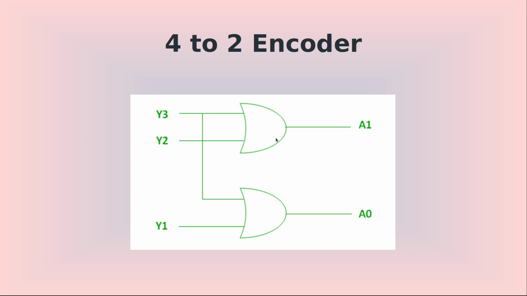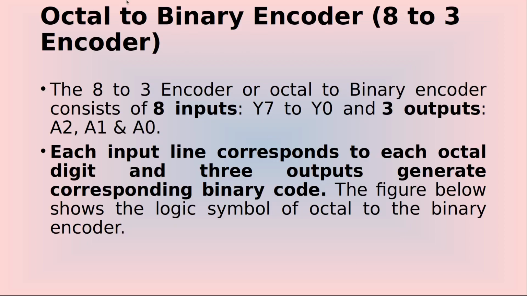Then octal to binary. The octal number system consists of 8 numbers, from 0 to 7.